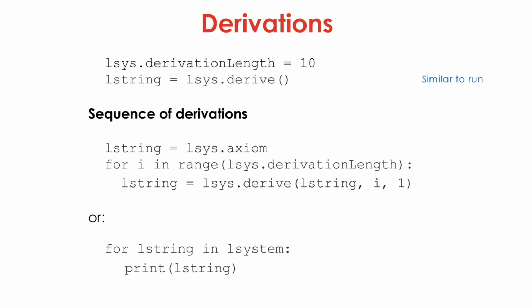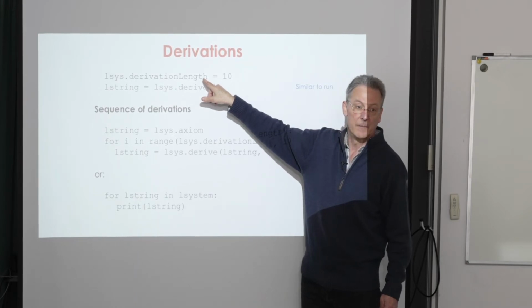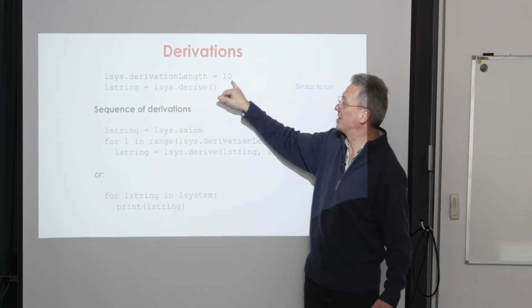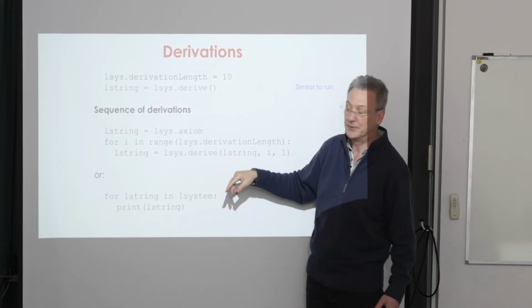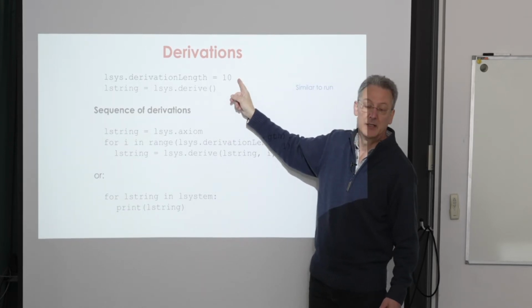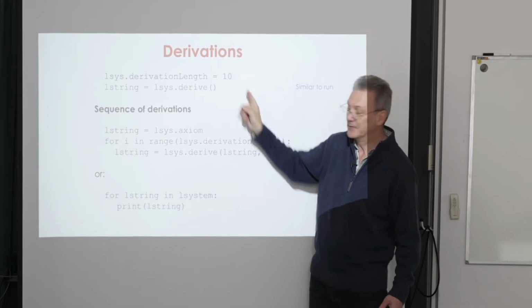And now, if you want to make derivations, you can control the number of steps, because there is in the L system the predefined variable derivation length, and you may change it in your Python code. And you would call derive, which would apply the derivation the number of steps that is defined here.